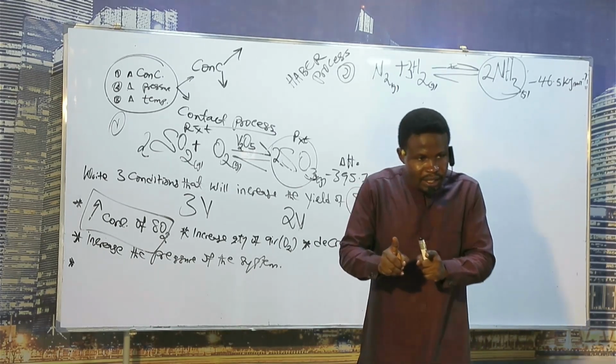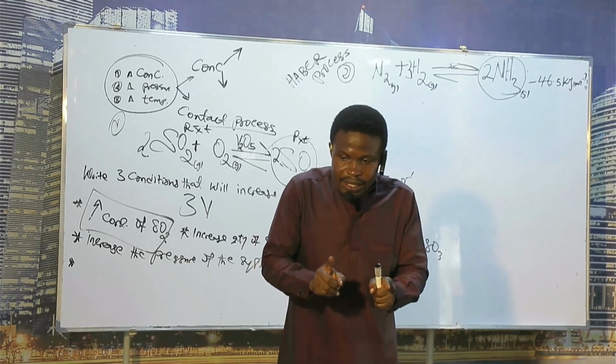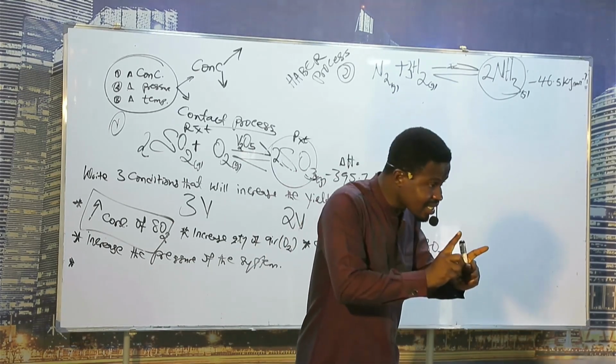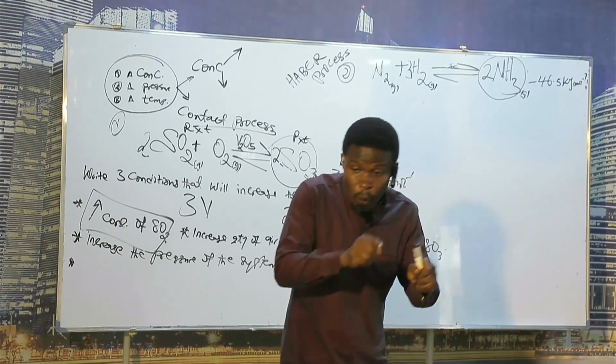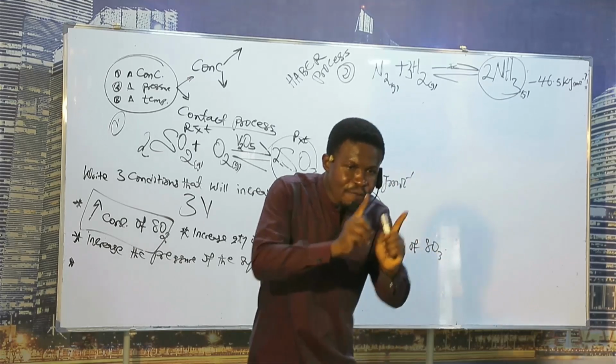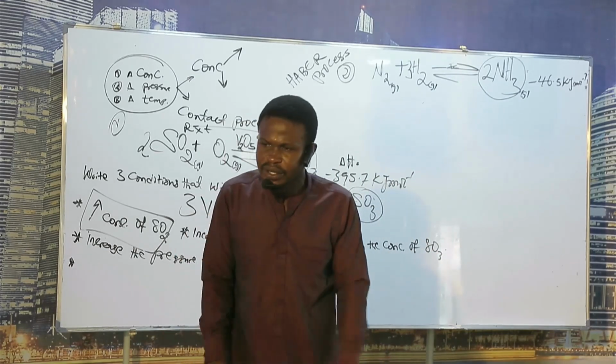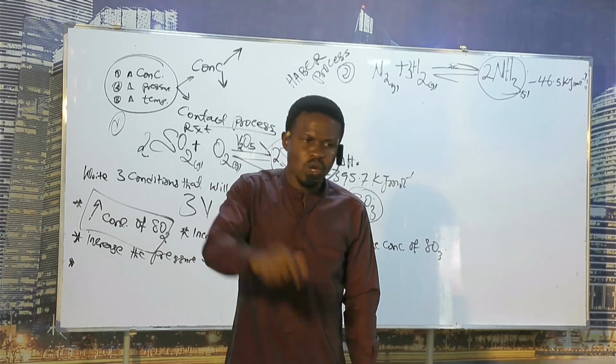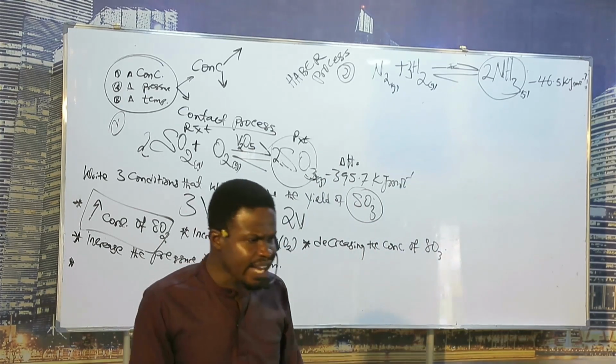Exothermic. Now listen. We established that increase in temperature will favor what part of a reaction? Say it. Increase in temperature favors the endothermic part of the reaction. If you are not talking, you're a suspect. Say it again.